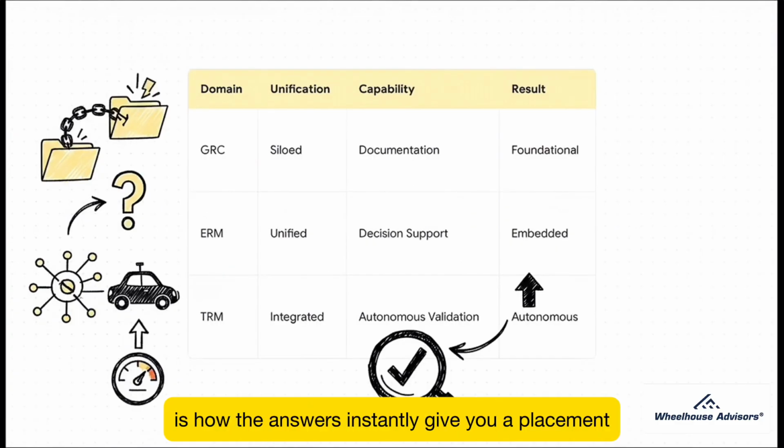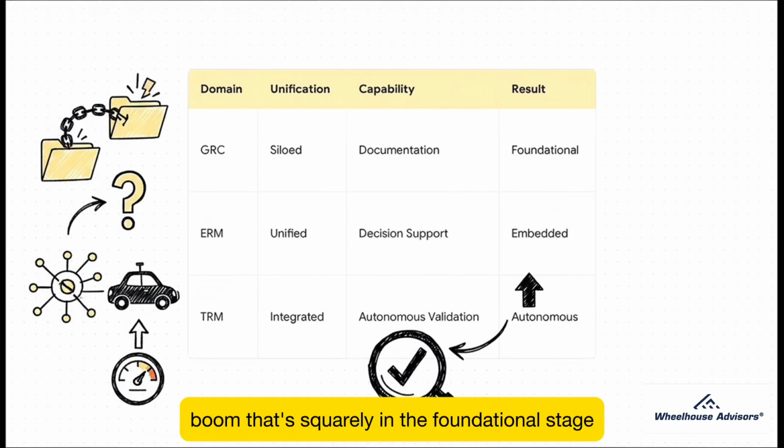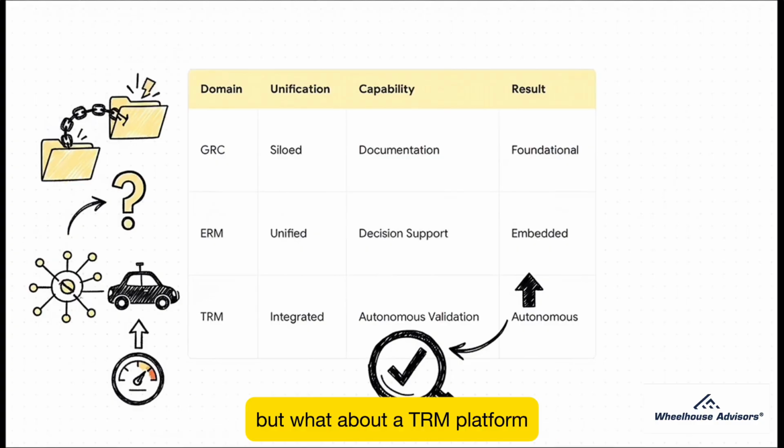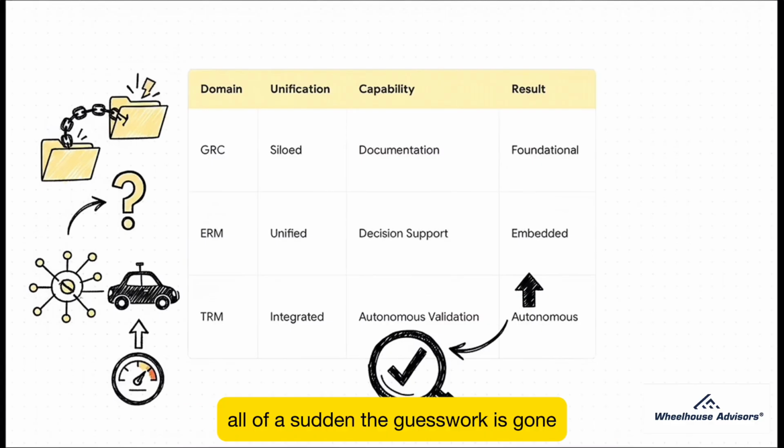And what's brilliant is how the answers instantly give you a placement. So, for example, you're looking at a GRC tool, it keeps data in a silo, and it's mostly for documentation. Boom. That's squarely in the foundational stage. But what about a TRM platform that integrates everything and automates validation? Well, now you're looking at the autonomous stage. All of a sudden, the guesswork is gone.